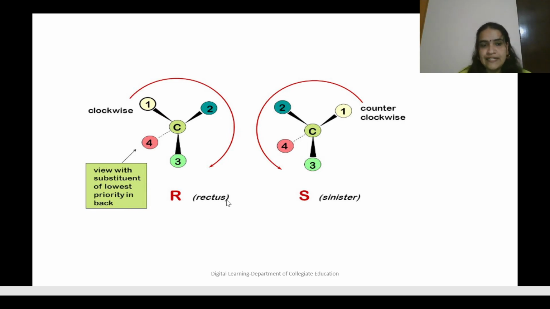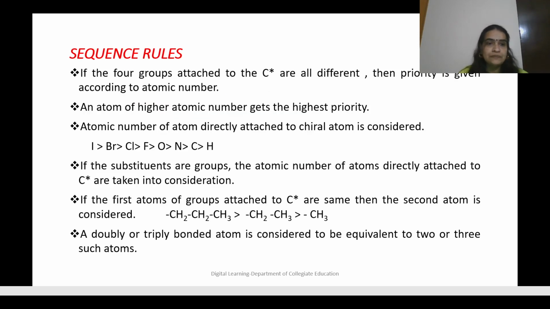In the other case, if we are viewing this molecule again from the 4th side, here what we can see is 1, 2, 3 in the anti-clockwise direction. So this is the S form, or S stands for sinister. R stands for rectus and S stands for sinister. This is how we give the configuration based on the Cahn, Ingold, Prelog sequence rule.